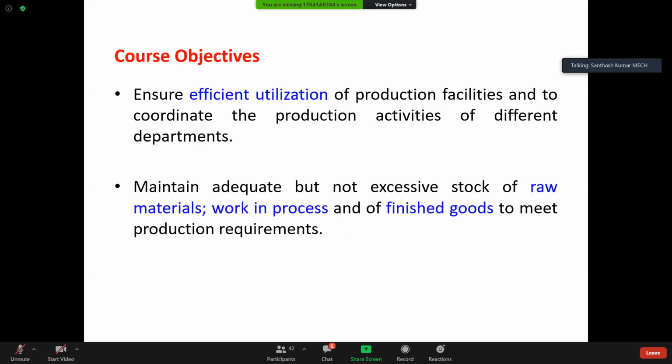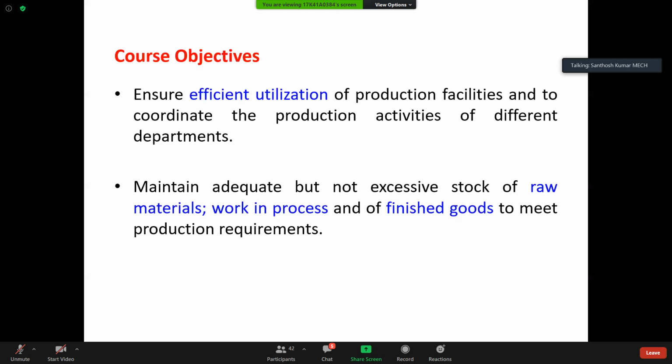The course objective is to ensure efficient utilization of production facilities and to coordinate the production activities of different departments. Now, why am I always talking about company, department, industry?